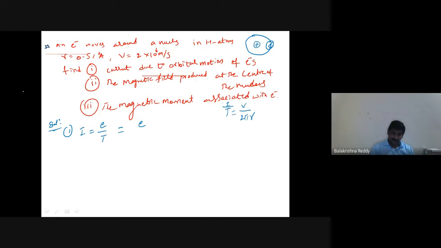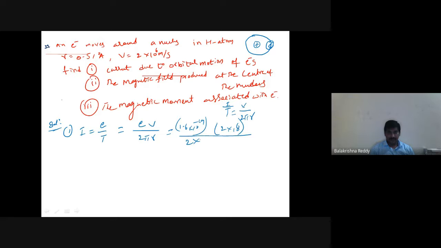So if I substitute in place of T, v goes up and the denominator has 2 pi r. e is the electron charge, 1.6 into 10 to the power minus 19, and the velocity given is 2 into 10 to the power 6.